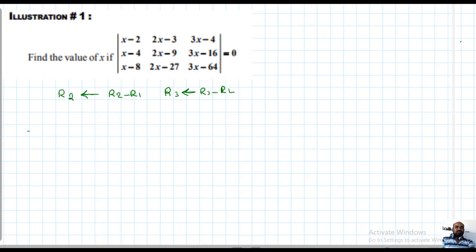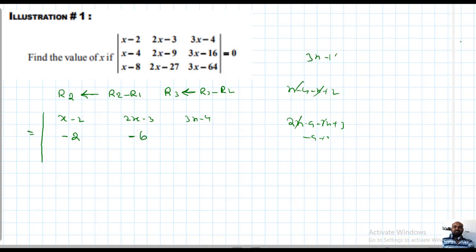So it is equal to, I will write, first row as it is. Next row r2 minus r1: x minus 4 minus x plus 2, that is minus 2. Next 2x minus 9 minus 2x plus 3, minus 9 plus 3, minus 6. Next 3x minus 16 minus 3x plus 4, that is minus 12.